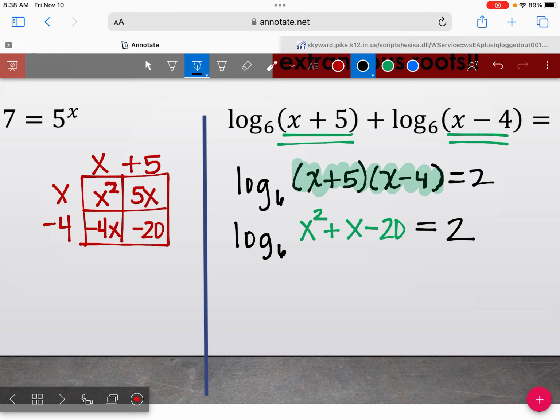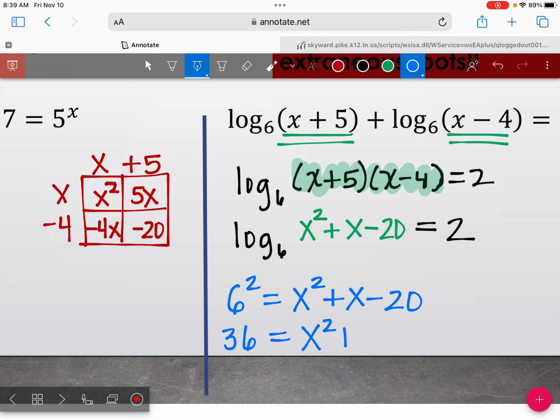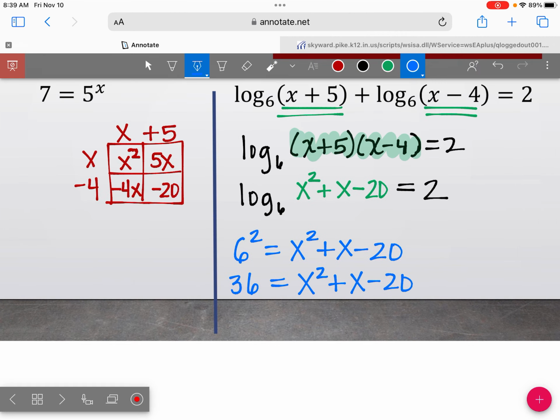All right, so now we're going to rewrite because we only have one log. So when I rewrite it, it would be 6 to the power of 2 equals x squared plus x minus 20, which is 36. So we have a quadratic, so we need to set it equal to 0.